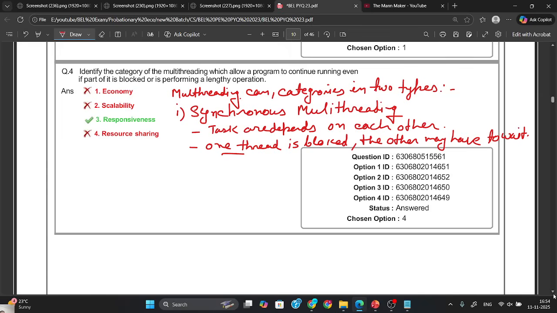So in synchronous multi-threading, if one thread is blocked, the other one may be affected, or may have to wait for another process.